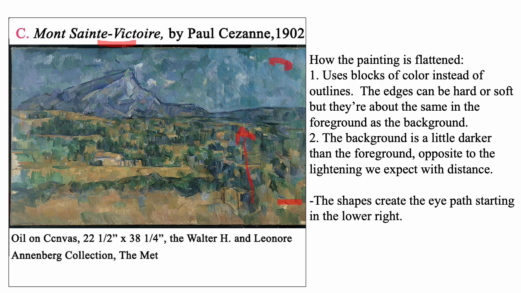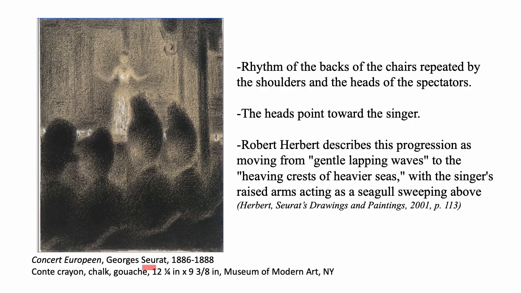Now the eye follows this line and then comes to a barrier on the right and then eventually goes up to the mountain. And the mountain is pointing in this direction, so we tend to look at the sky before we leave the painting.